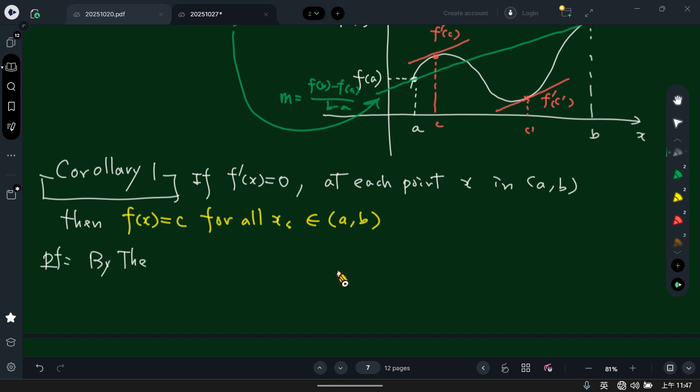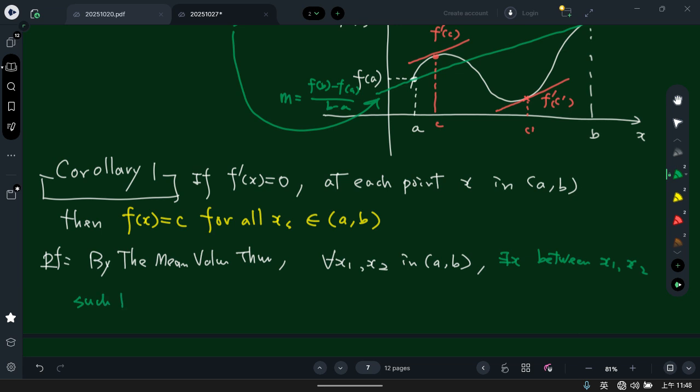By the mean value theorem, for any x1 and x2 in AB, we can find x between x1 and x2 such that f prime x is equal to f of x2 minus f of x1 divided by x2 minus x1.